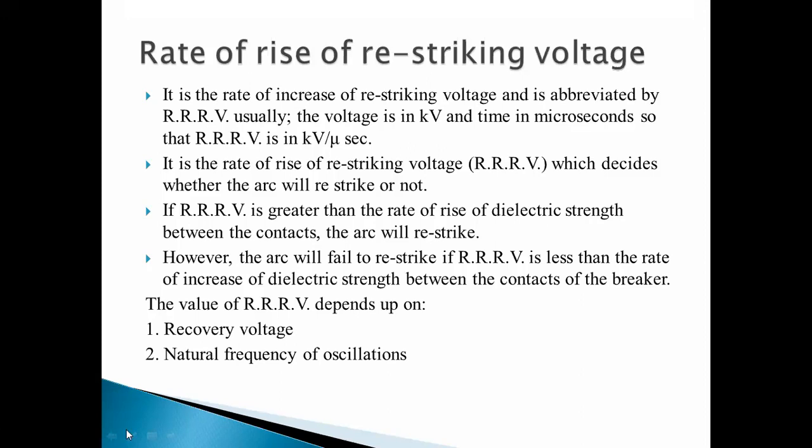Means in simple language, if this RRRV is greater than the rate of rise of dielectric strength, at that time your arc will restrike. And if this rate is less than the rate of rise of dielectric strength, at that time the arc will not restrike there.